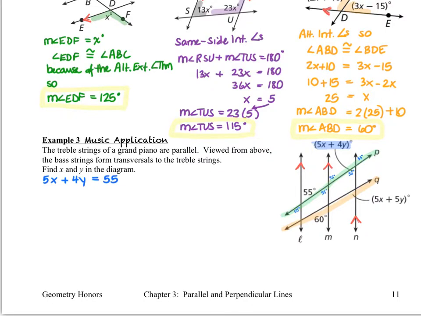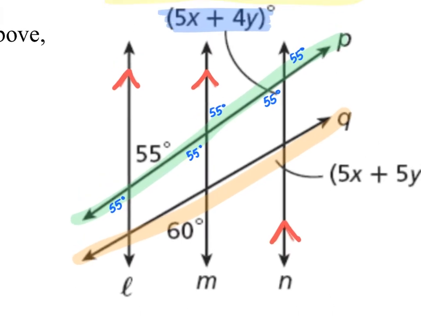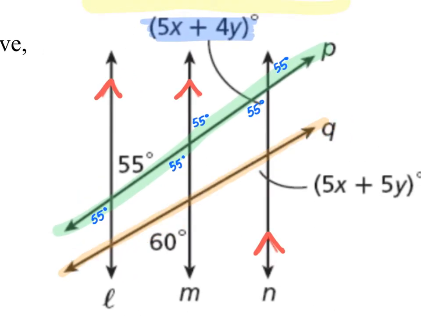Now let's take a look at the diagram again, but this time the 3 parallel lines and the transversal line Q going through them. We can see that we have the measure of 60 degrees, and we're going to fill in the corresponding angles that will also have the measure of 60 degrees.